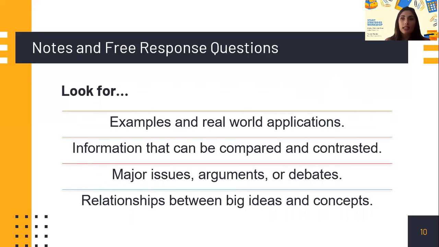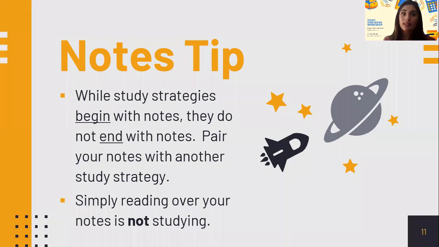You also want to look at information that has previously been compared and contrasted, because a common essay type question is to compare and contrast. You also want to look for any major issues, arguments, or debates, or relationships between big ideas and different concepts.